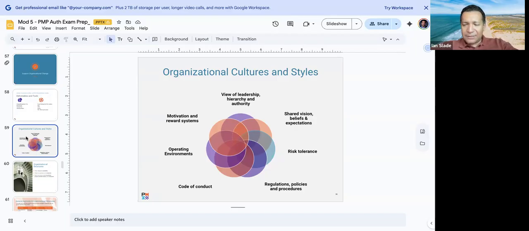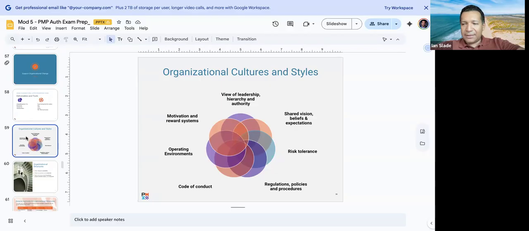Regulation, policy, and procedures. This is top of mind, and we have a lot of people working to make sure that we're in compliance. Same thing with code of conduct. Operating environments, safety is huge for all of our employees, not just the clinical folks. And motivation reward system, I think that we are pretty good at providing incentives for employees.